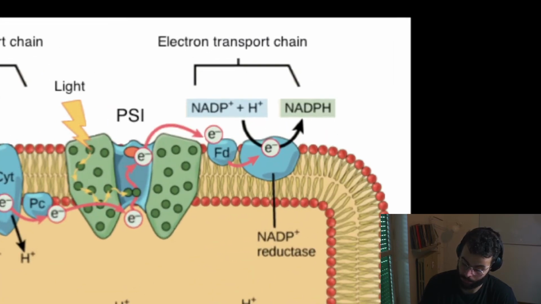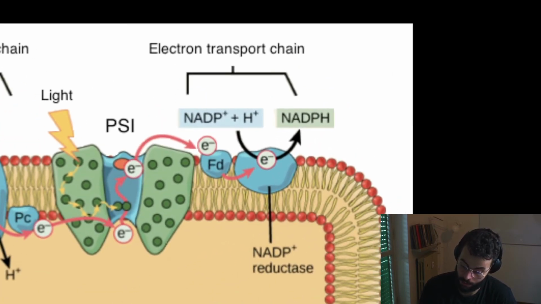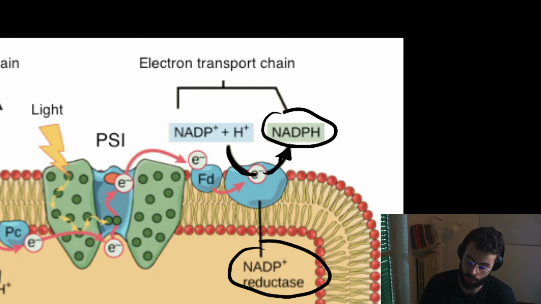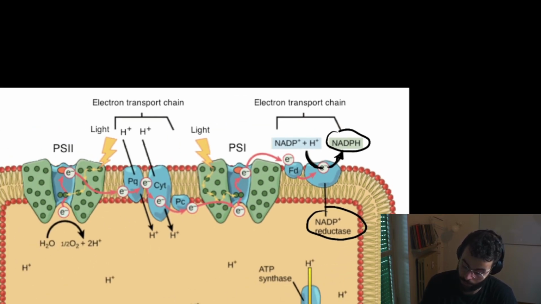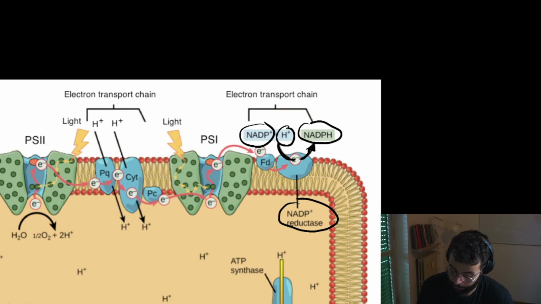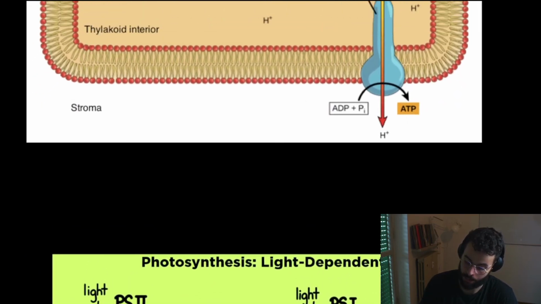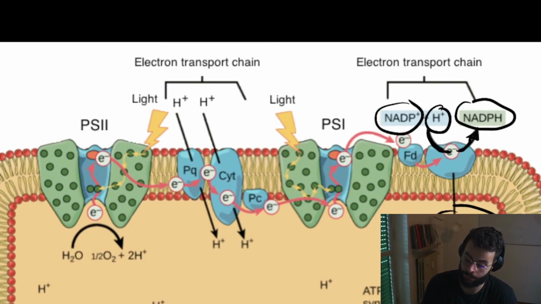After this part we are going to have an electron transport chain, which is going to help us reach the NADP+ reductase enzyme, and basically we are going to charge and create NADPH using a proton and the NADP+ that we got and used in the Calvin cycle, which we are going to see in the next video.